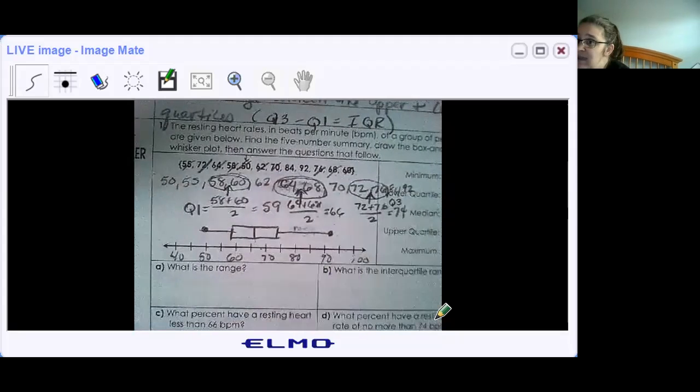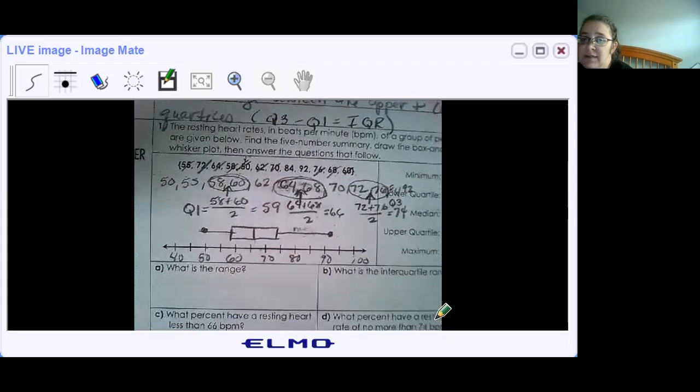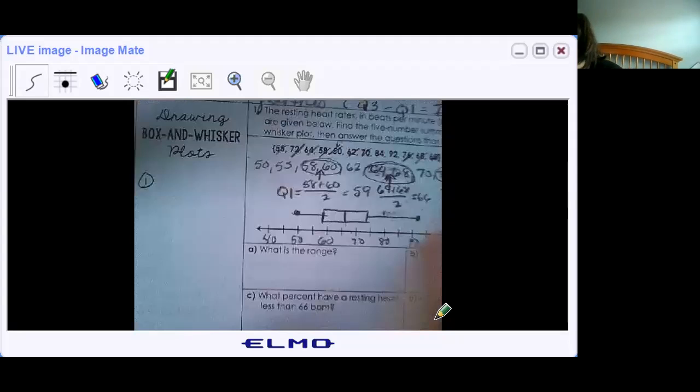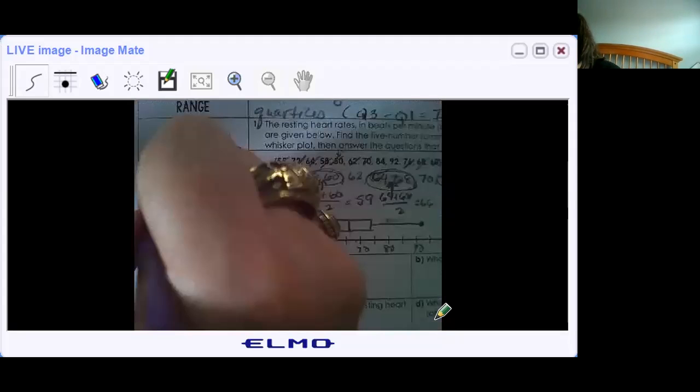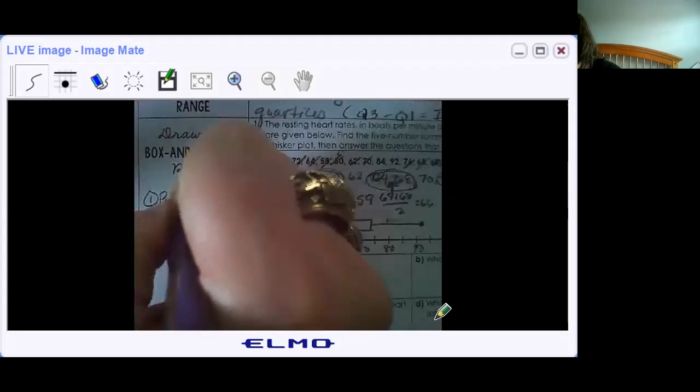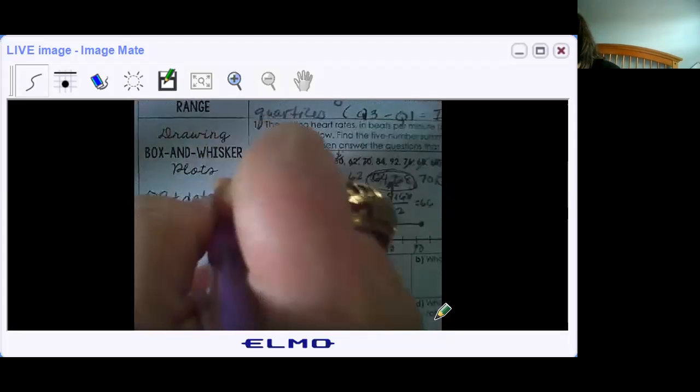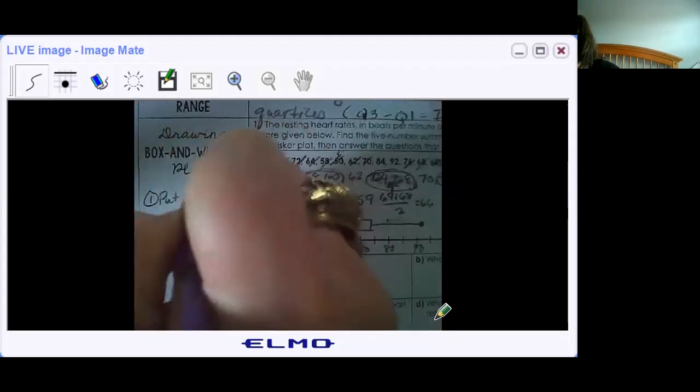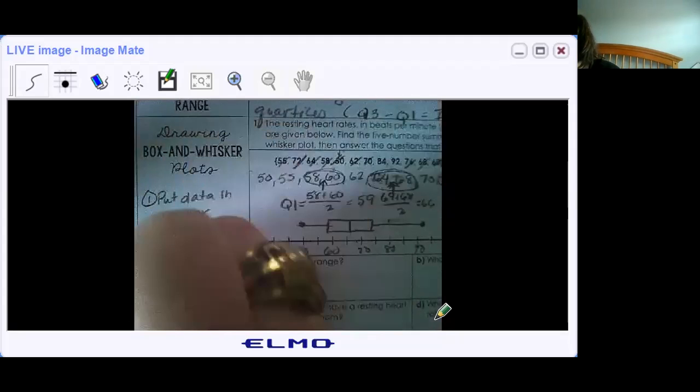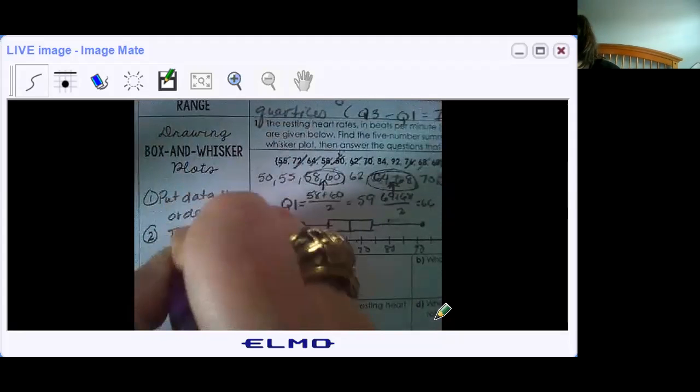Now, this is the same process every single time. The first thing you're going to do is put things in order. The second thing you're going to do is find the median.